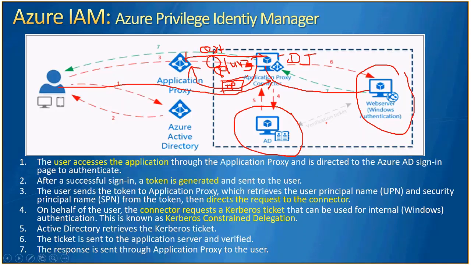So we'll have to open ports 80 and 443 for a specific URL for the application proxy, or will there be specific IPs? Right now, Microsoft has you open 443 to the Azure data center IP range. There is a range which is published, I think in some fifth or sixth session back.